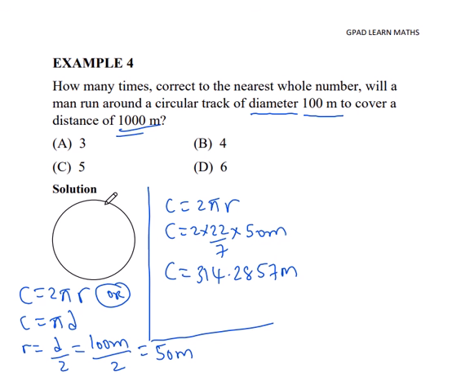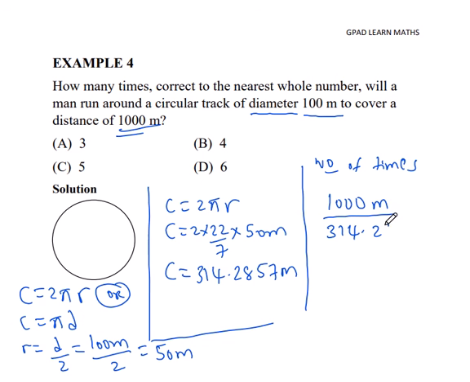So to get the number of times the man would run around the circular track if he covered a distance of 1,000 meters, that would be the distance the man has run, which is 1,000 meters, divided by 314.2857 meters.